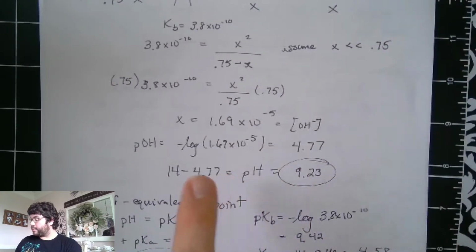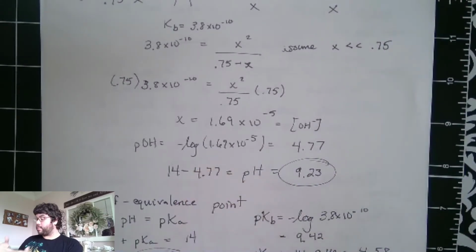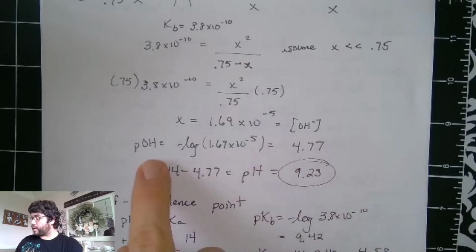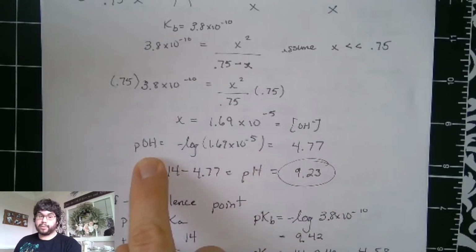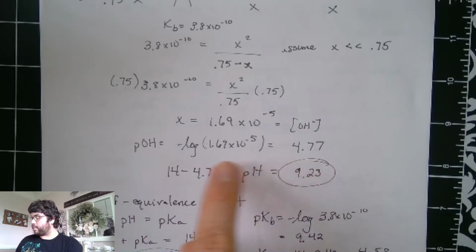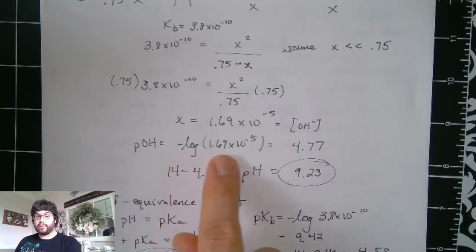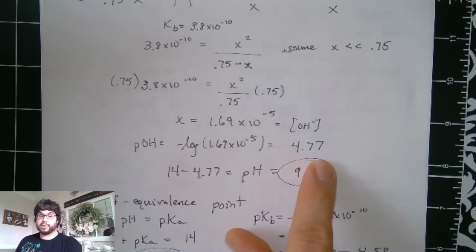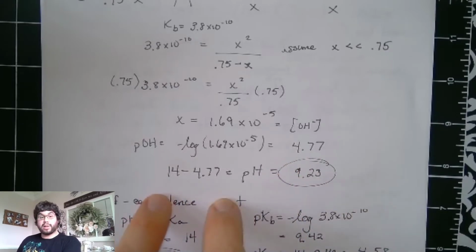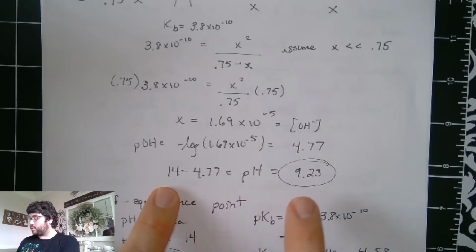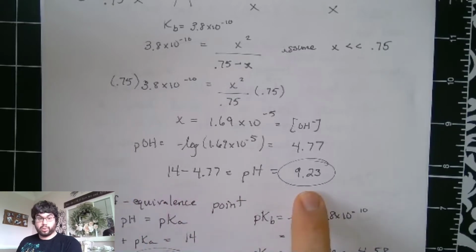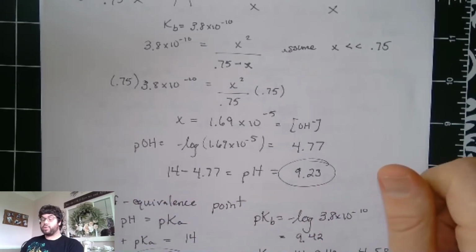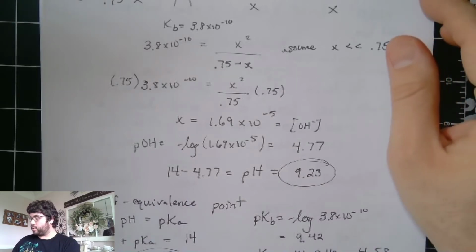So to find the pH, we first figure out the pOH of the solution, plugging into negative log of the OH minus concentration, and get 4.77. Remember that the pH plus the pOH is equal to 14, so 14 minus the pOH is equal to the pH, which is 9.23. So the initial pH of the solution is 9.23.